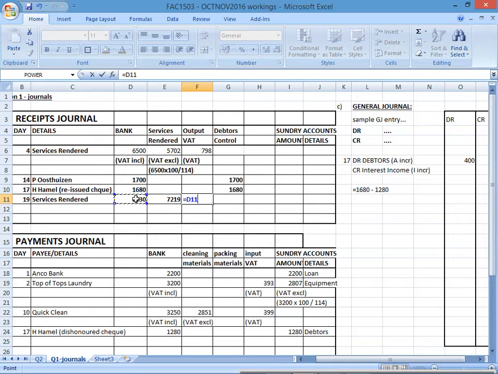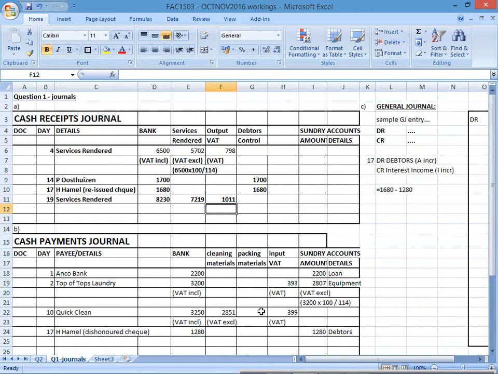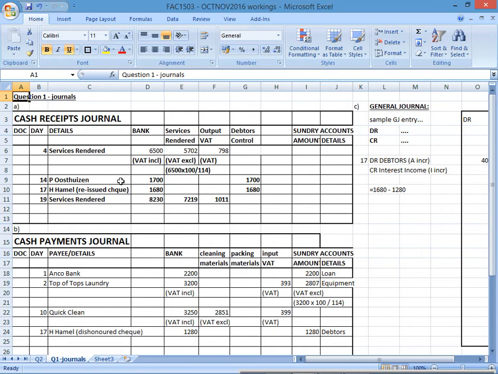VAT will be the difference. This minus that. Got that? Is that okay? Good. This is for services rendered. I have a column for VAT, I have a column for services rendered, I have a column for bank. We record it there. Next.